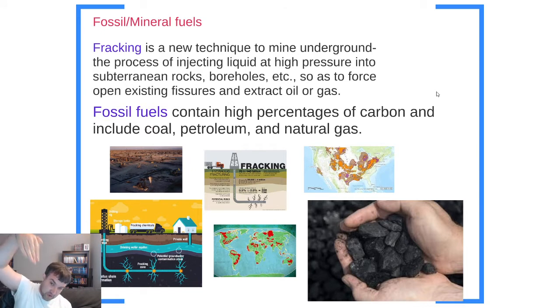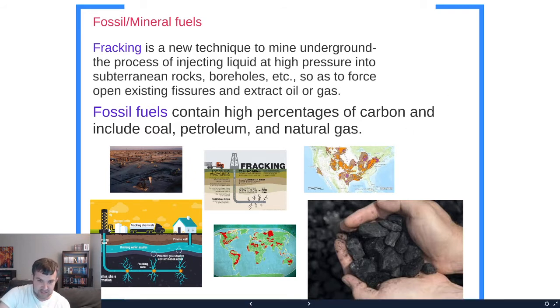Fracking is where we first drill a pipe down, and then we drill the pipe sideways. And you see that in both these pictures. The pipe can kind of loop around. And this is only something we started doing in maybe the late 90s, early 2000s.